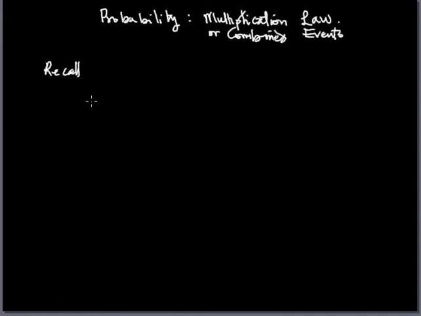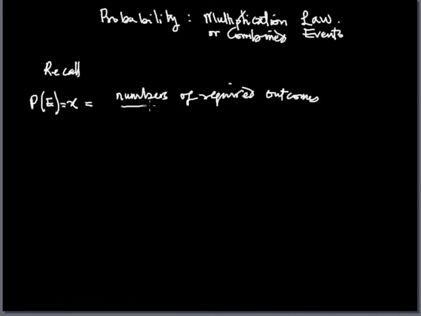Let x be the probability of the event happening, which is equal to the number of required outcomes over the total number of possible outcomes.